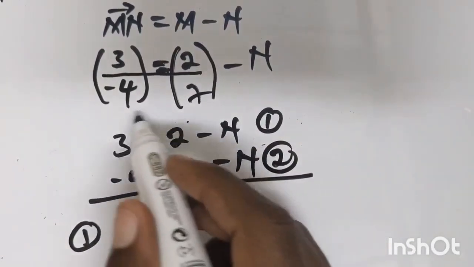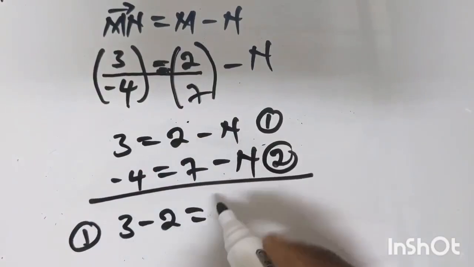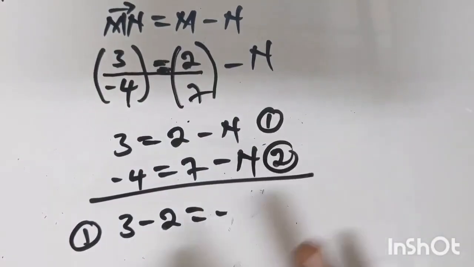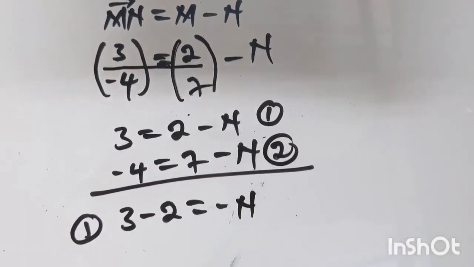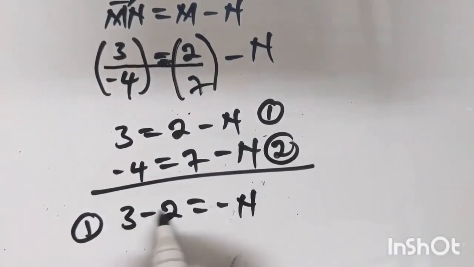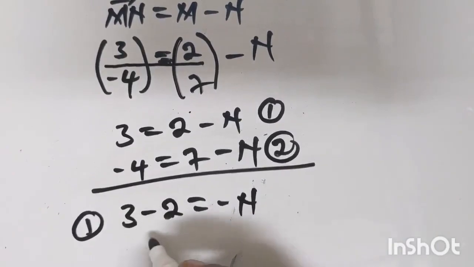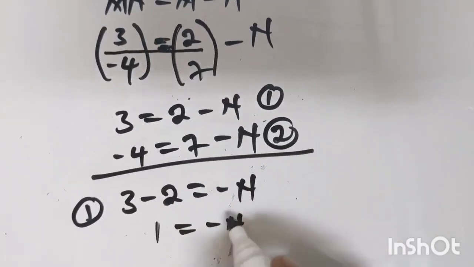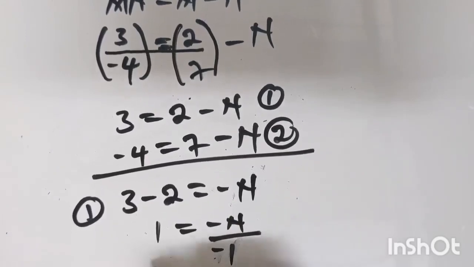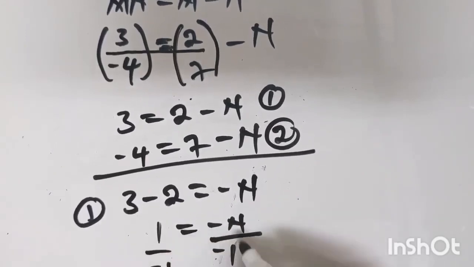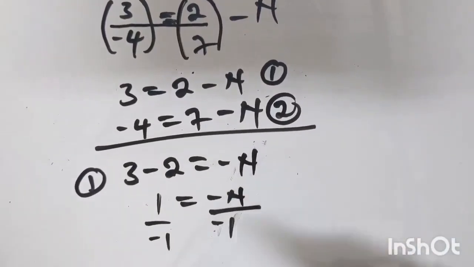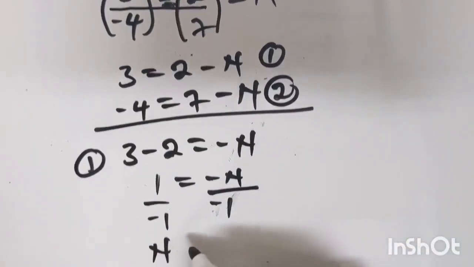So this has moved to this side, and it's going to be equal to negative N. So what is 3 minus 2? That is 1, equal to negative N. So here you divide by negative 1. Negative into negative is positive, which means we are going to have N.